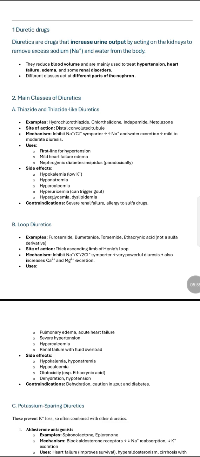So these are the main classes. We've got the thiazides and thiazide-like diuretics. Examples like hydrochlorothiazide. You have to know about this one. We also have chlorothiazide, chlorthalidone, indapamide, metolazone. Site of action, distal convoluted tubule.